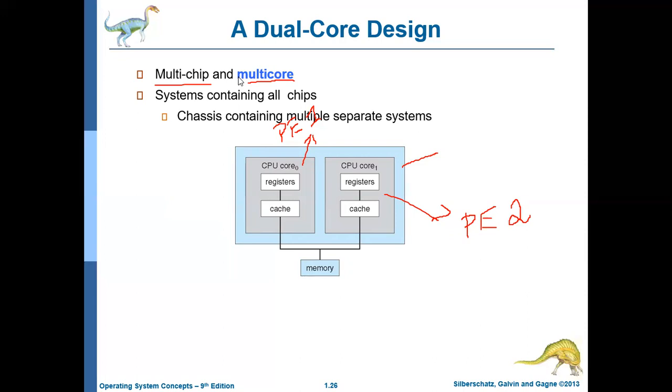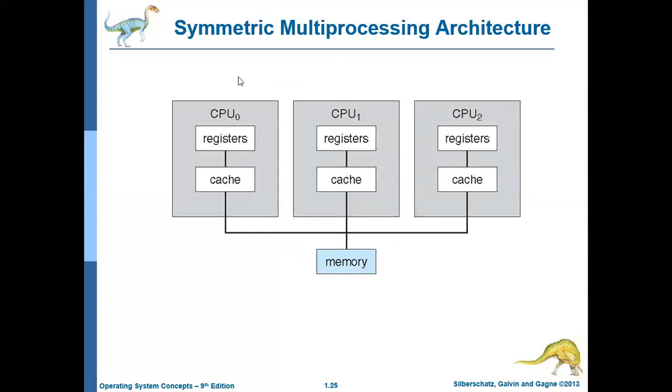Another thing is all multi-core systems are multi-processing systems. That is, if something is multi-core, then it also has multiple processors. But all multi-processing systems may not be multi-core. For example, this is a multi-processing architecture, but can you call this a multi-core architecture?